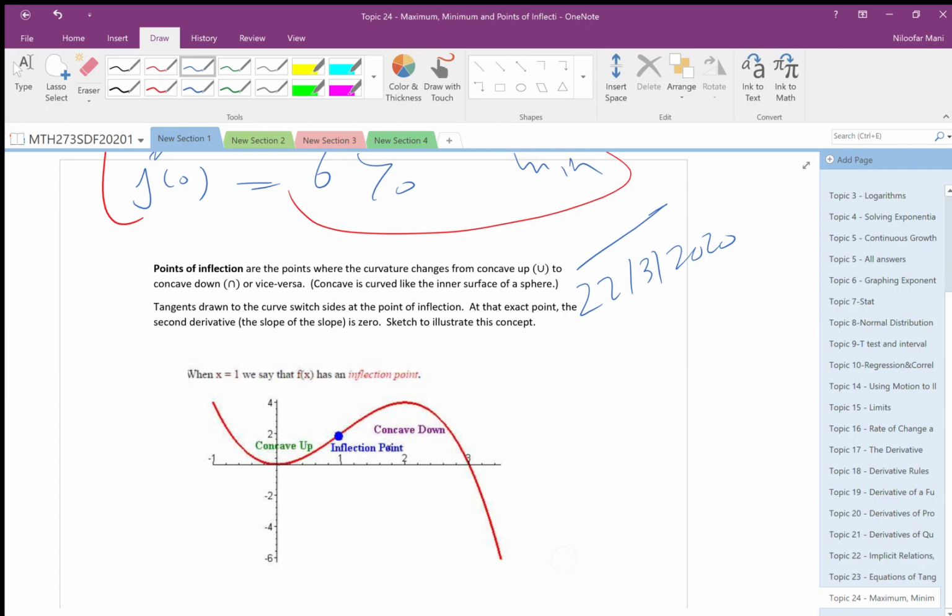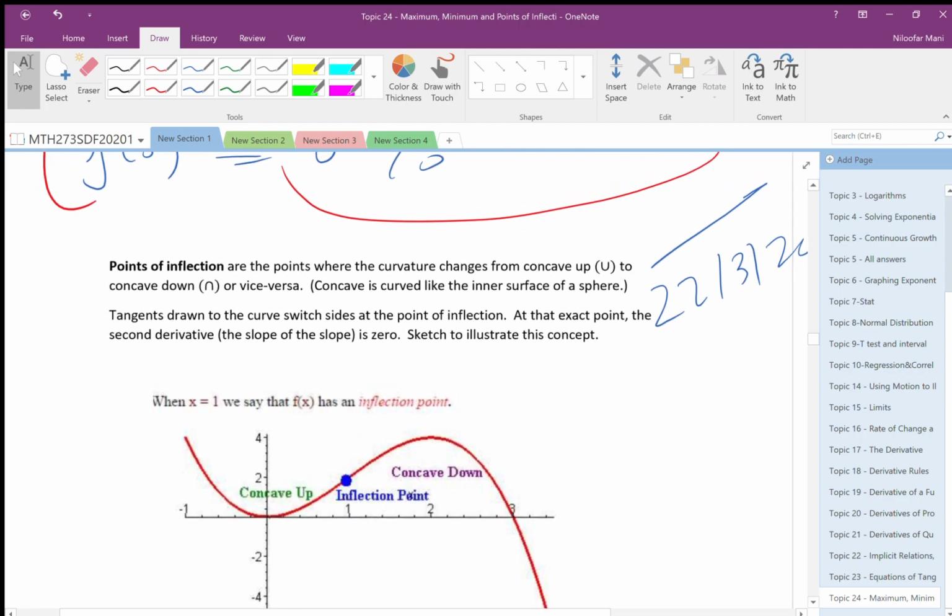Point of inflection. Here is the definition: it is the point where concavity changes from up to down. So the concavity, or the form of the function, changes from a bowl to a hat.